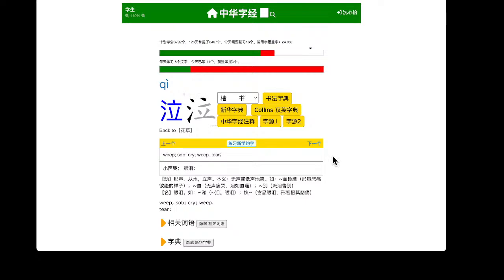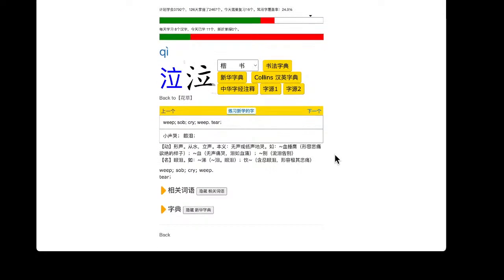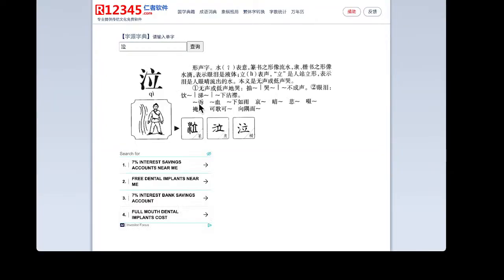Next one. 泣. 泣 means weep, sob, cry. Also, it actually just refers to the tear itself. Now, if you look at the character, you can see it goes with the water radical on the left, and then the right is the character 立. 立 represents the sound.